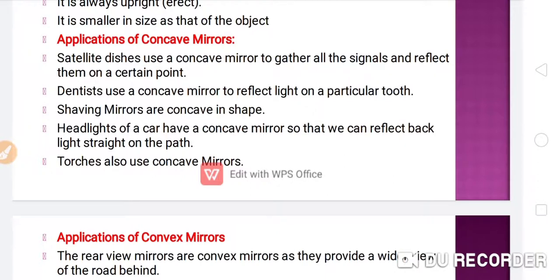Headlights of a car have a concave mirror so that we can reflect the light straight on the path. As well as torches also use concave mirrors. These are all the important fields where we use concave mirrors, and they are very useful.